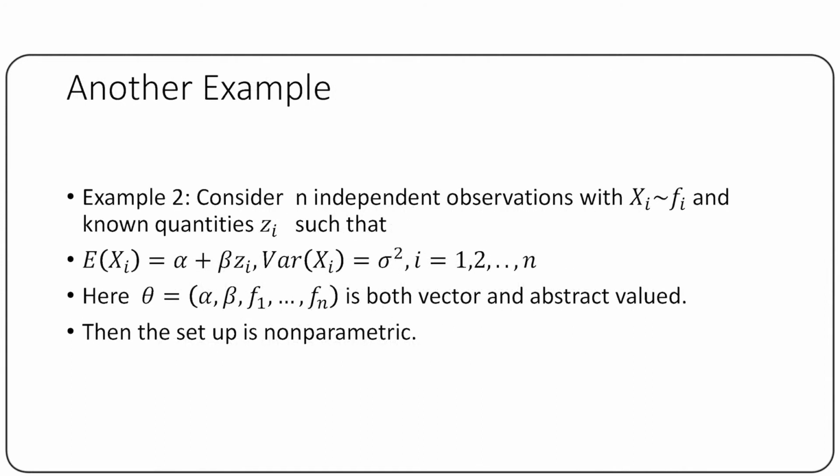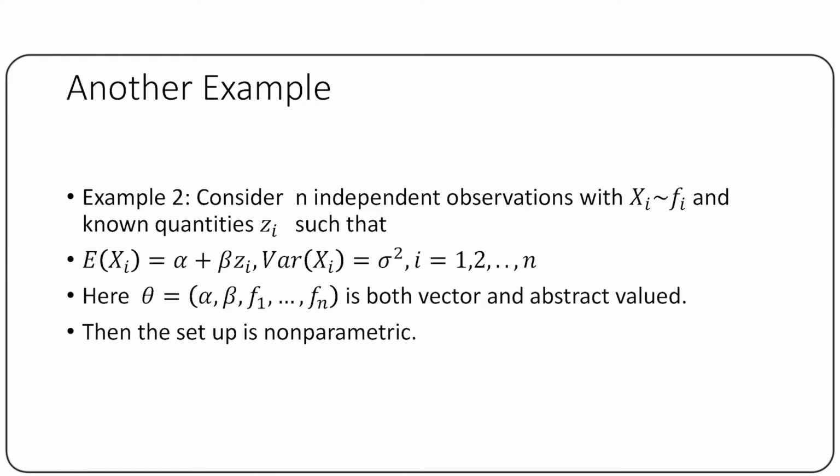Let us consider another useful example. Consider the linear regression setup with one non-stochastic covariate. Suppose xi are independent observations from the continuous density fi, where i runs from 1 up to small n, with expected value alpha plus beta into zi, where zi are known quantities and variance of xi is sigma square, independent of any other variables.